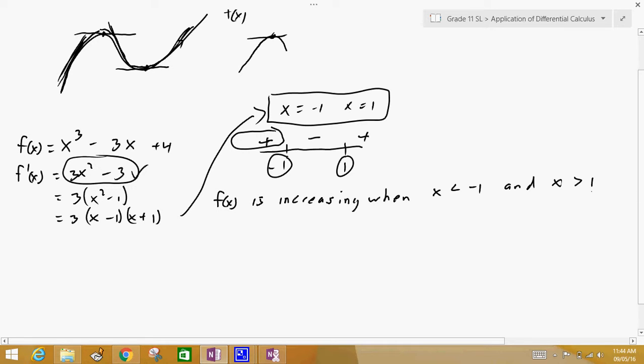Those are increasing intervals. And we also can say that f of x is decreasing when x is between negative 1 and 1.